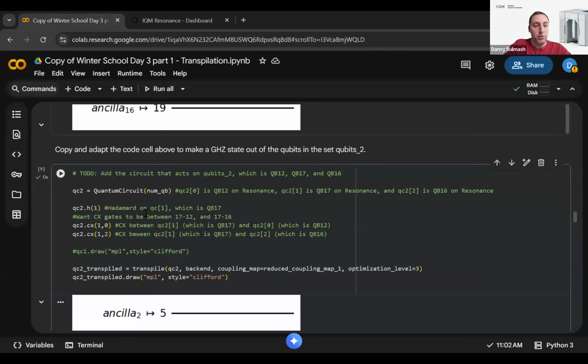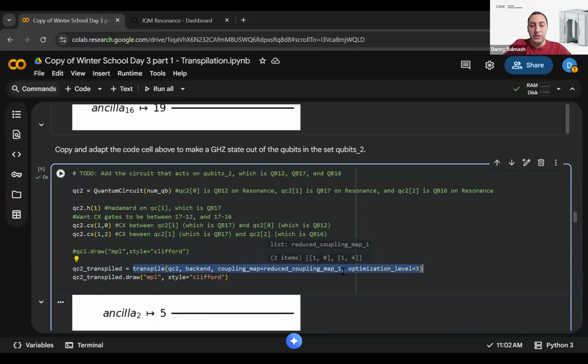Oh, there's something important here. We also need to specify when we're transpiling which qubits we want it to work on. In particular, we want it to work on the second set of qubits, which was this thing that we called reduced coupling map 2 up above. This was the thing that we produced that told the machine which 3 qubits we're using, and that those are qubits 12, 17, and 16.